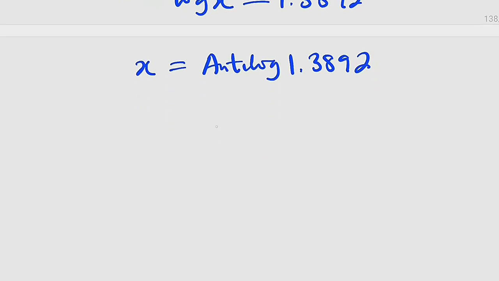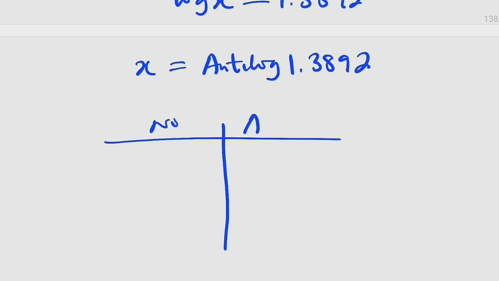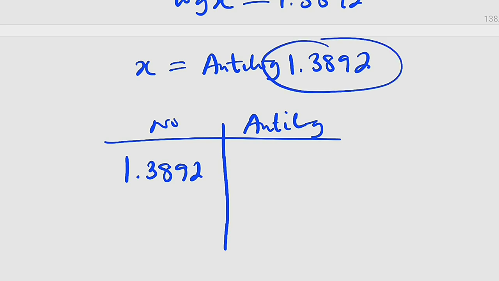So we're going to form another table here. Number, antilog. Our number is 1.3892, and we are going to take antilog of this.